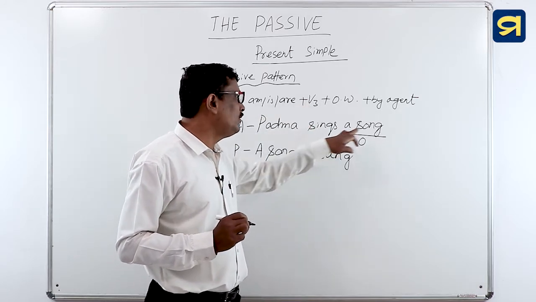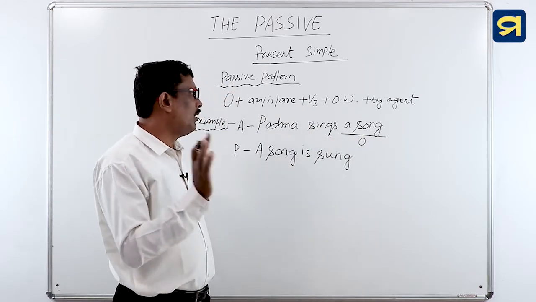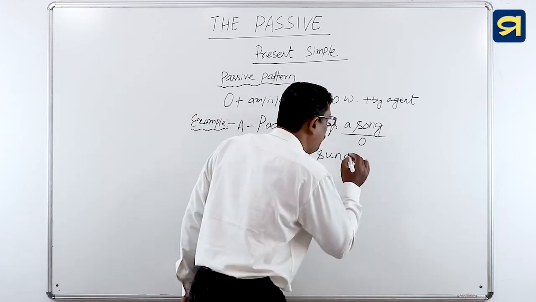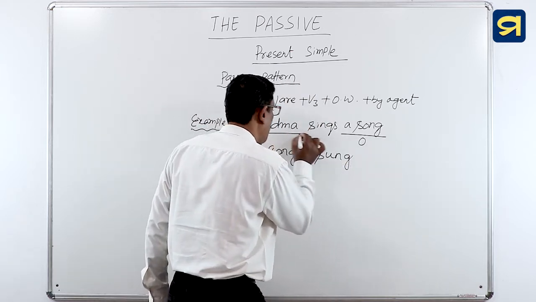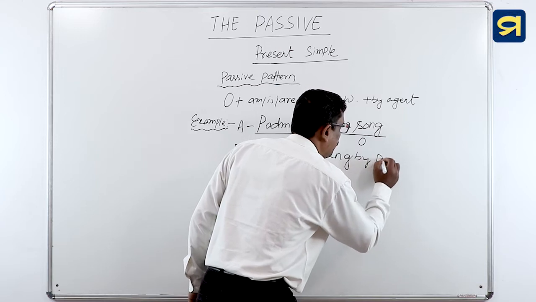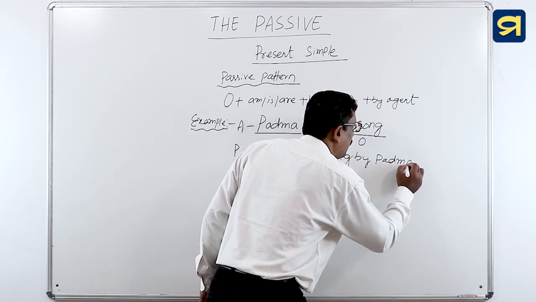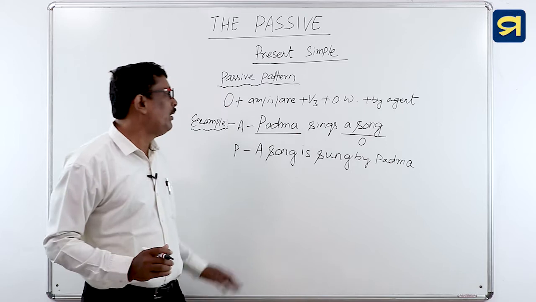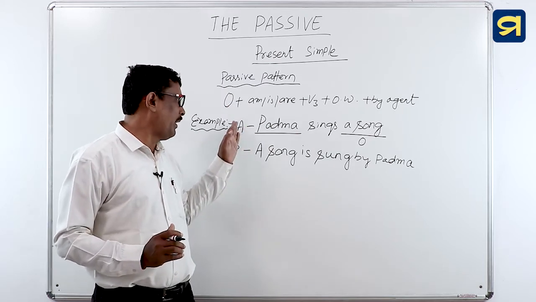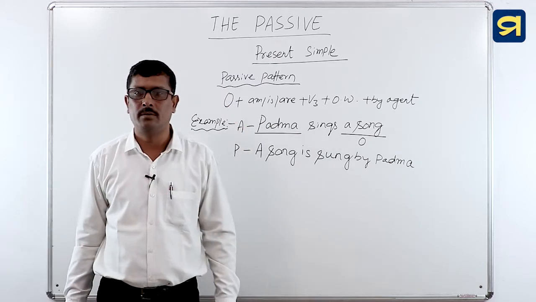In this sentence, there are no other words, so none will be used. Then by agent: the subject is Padma, so by Padma. In this pattern, we can change the voice from active voice to passive voice.